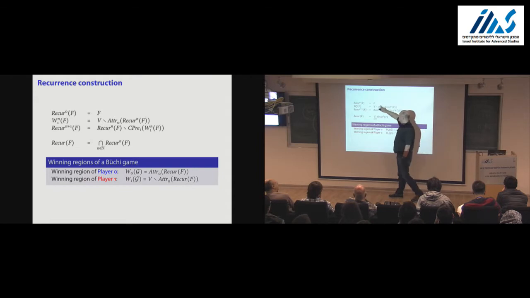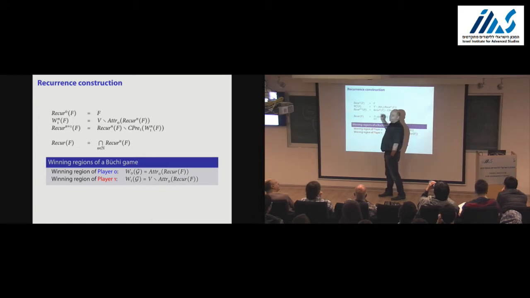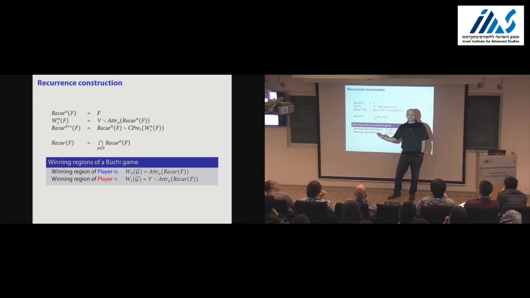So these are from the perspective of player 0, but then we take the complement. So the complement contains all states where player 0 cannot even ensure that we can come back n times. So that means that actually player 1 can ensure that we visit at most n times.